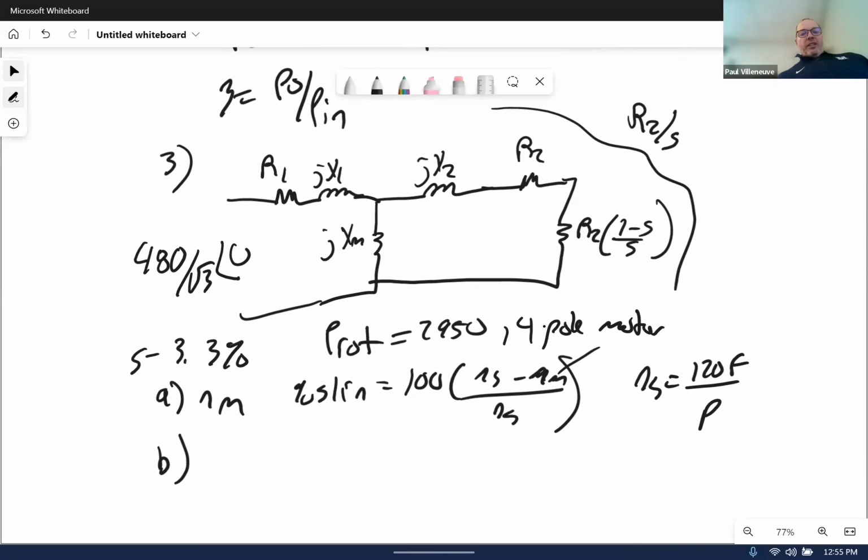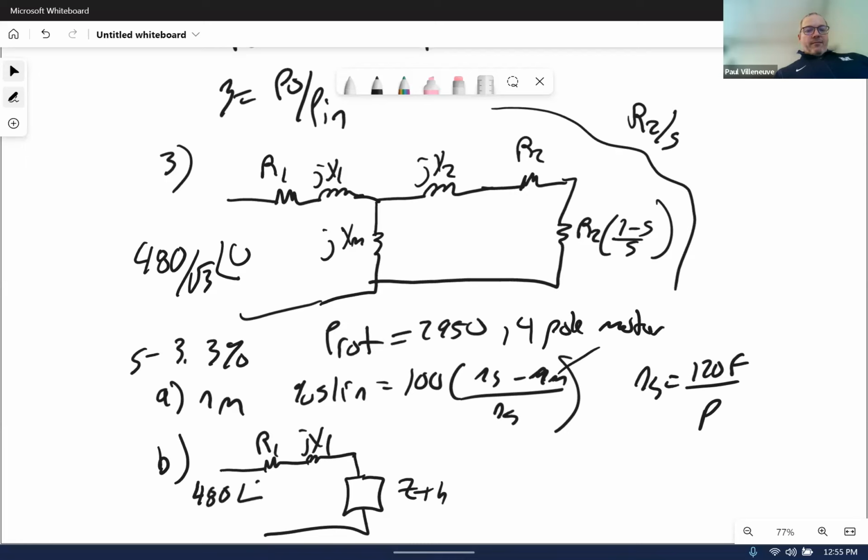For part B, this is up to you. You could certainly have done the Z Thevenin approach and done it that way, and solved for the stator current, solving for I with this.